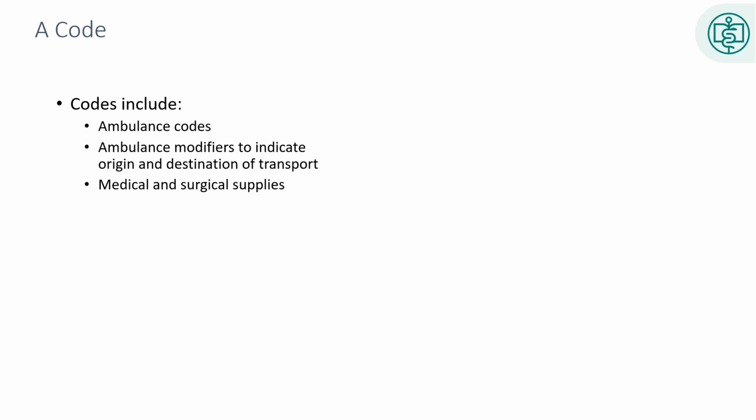It is for blood glucose test or reagent strips for home blood glucose monitoring, per 50 strips. This code refers to the supply of blood glucose test strips used for monitoring blood sugar levels in patients with diabetes. The code specifies the quantity of 50 strips per unit, and the code is used to bill for the cost of strips when they are provided to the patient for use at home.